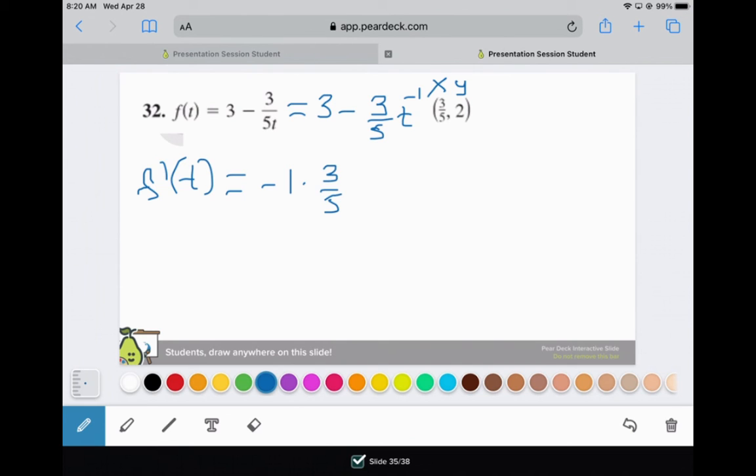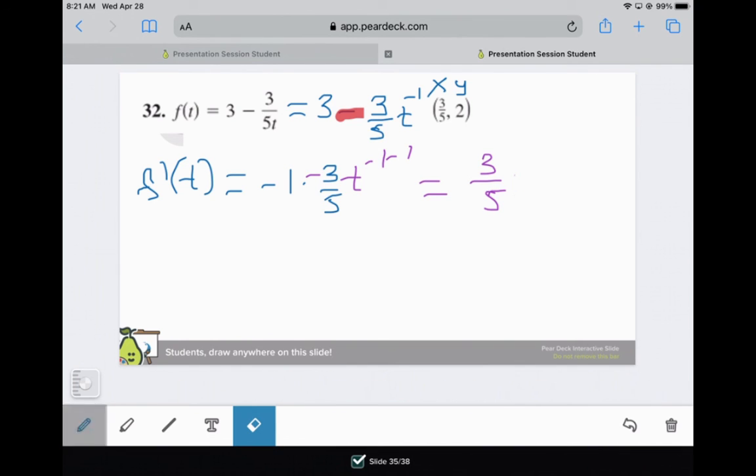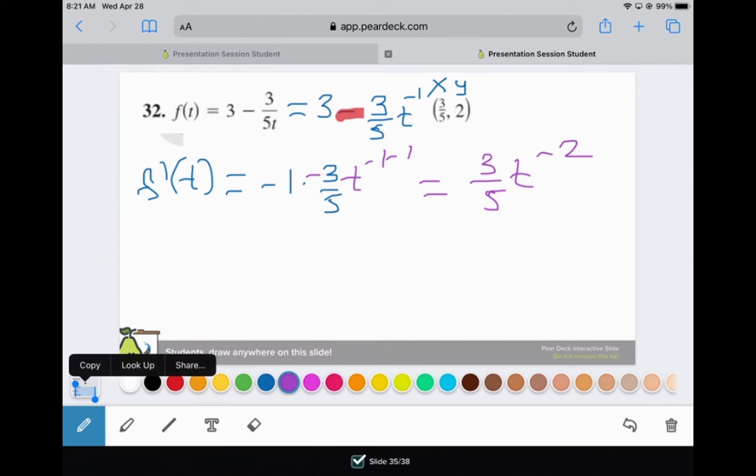But be careful, this one is also negative 3 over 5, so I should have this negative right here. Negative 1 minus 1. Negative, negative turns into positive. So 3 over 5, not x, it's t, so that would be t to the negative 2. I'm going to bring it down.